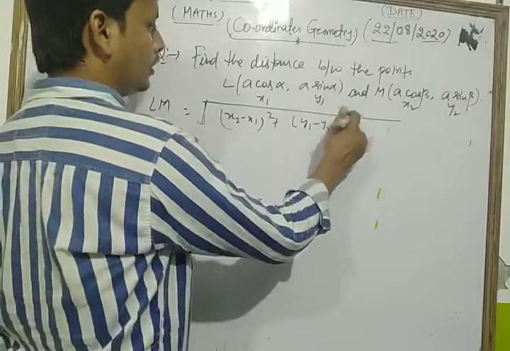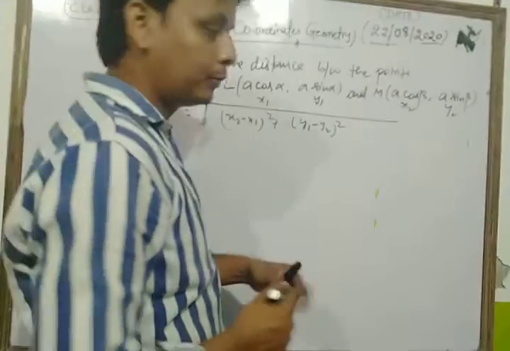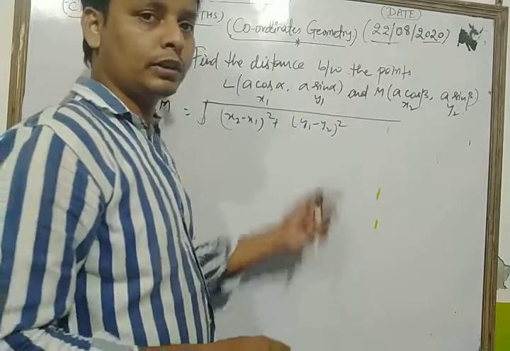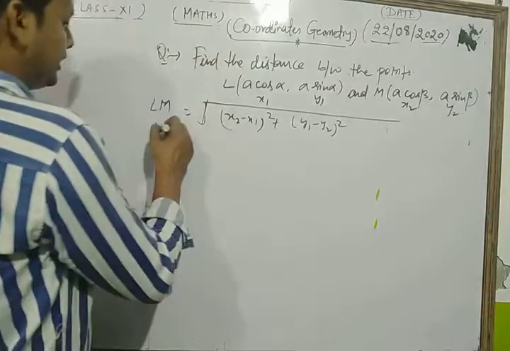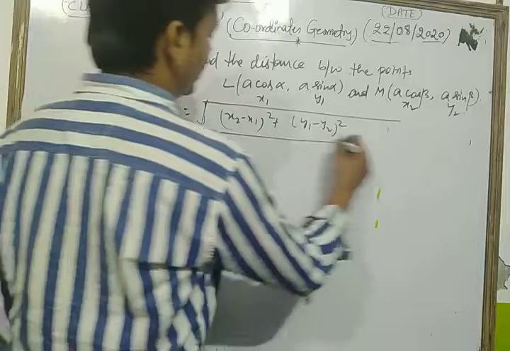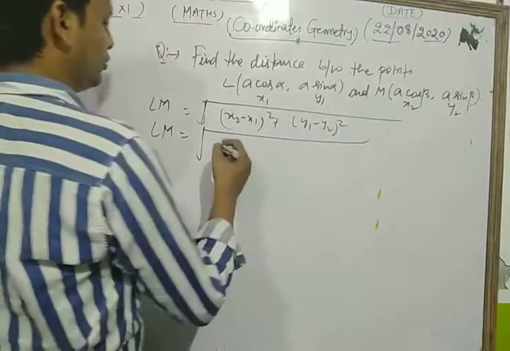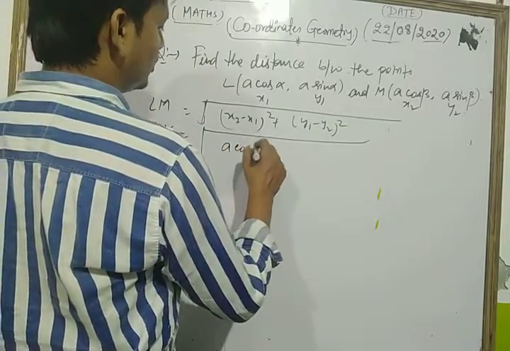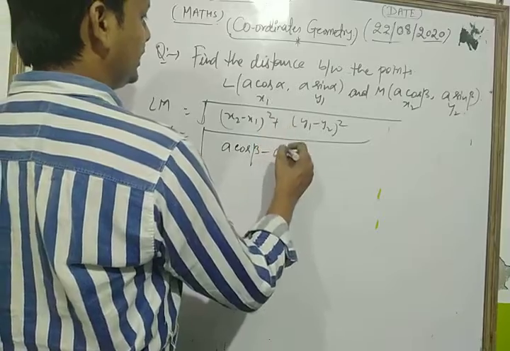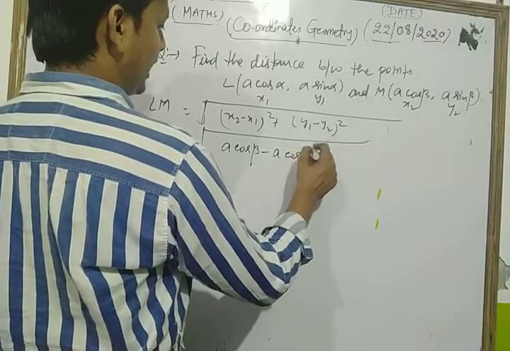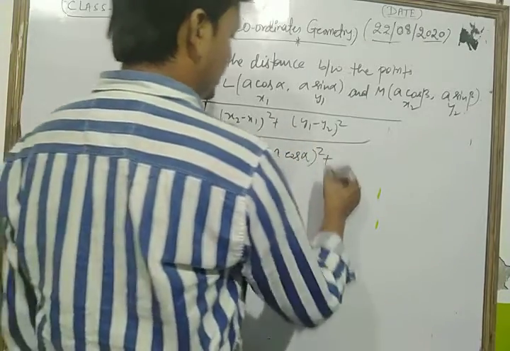Now we put all the values of x1 and x2 in this formula. Now LM is equal to the square root of, the value of x2 is A cos beta, minus the value of x1, A cos alpha, whole square.